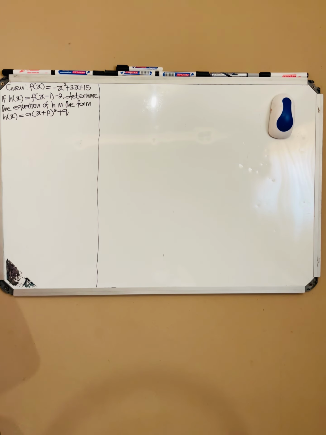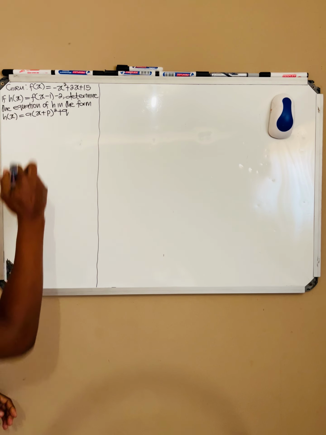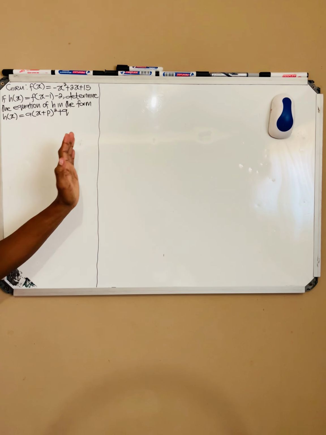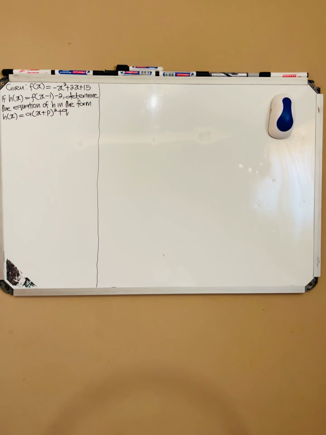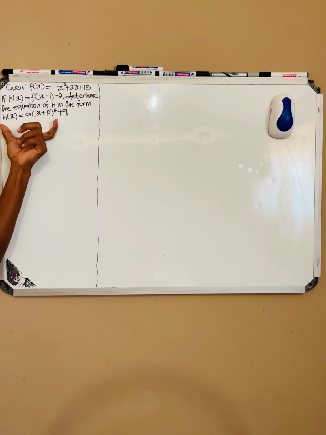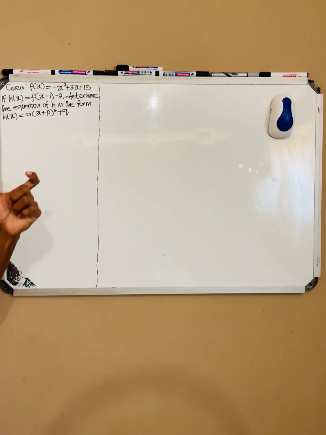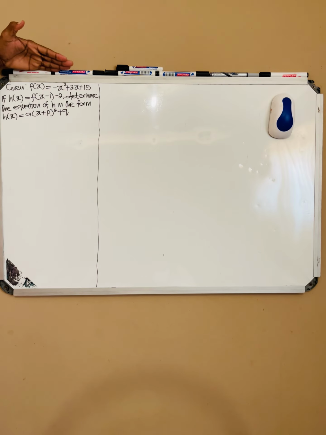Then the examiner says that if h(x) = f(x - 1) - 2, determine the equation of h in the form h(x) = a(x + p)² + q. So the examiner wants us to find the equation of this parabolic function.